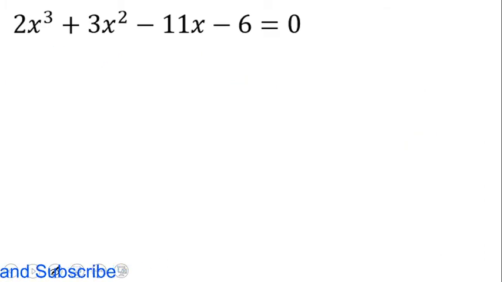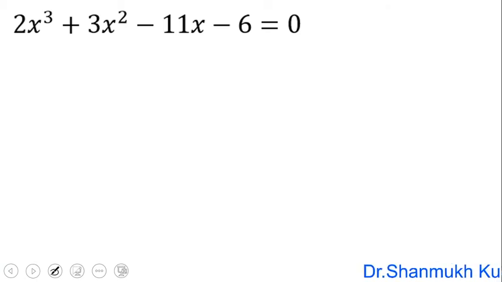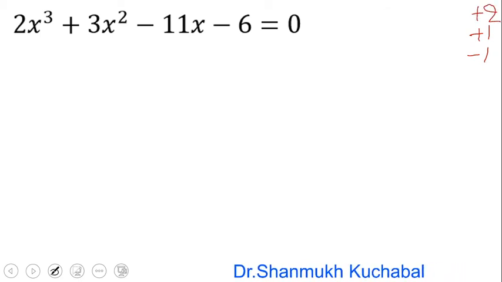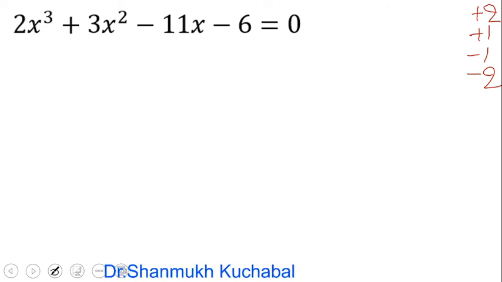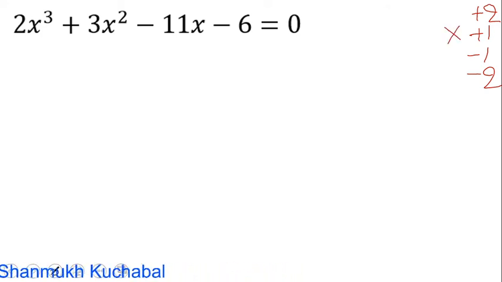Okay, one more example we will solve. It is a cubic equation. We will take the values plus 1, minus 1, plus 2, minus 2 here. Plus 1, we won't get 0 equal to 0, minus 1 we won't get it.